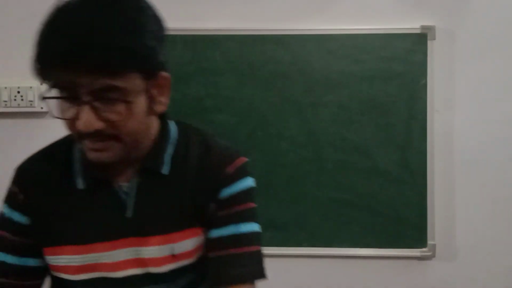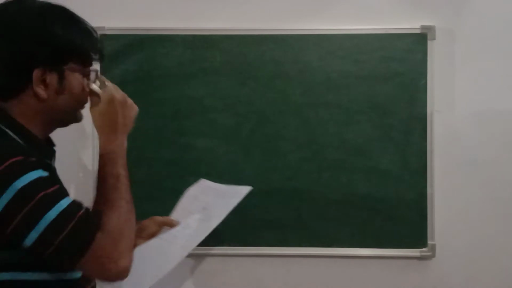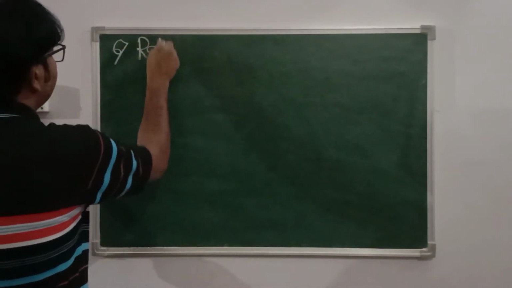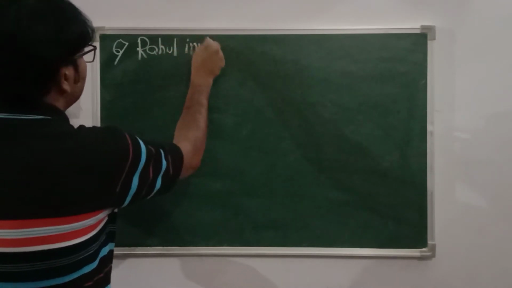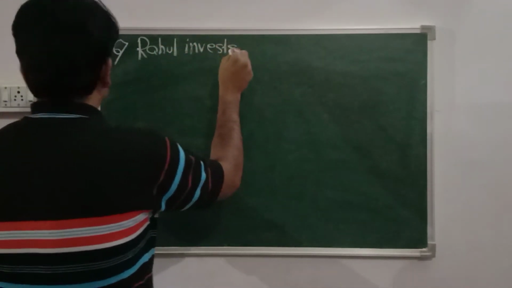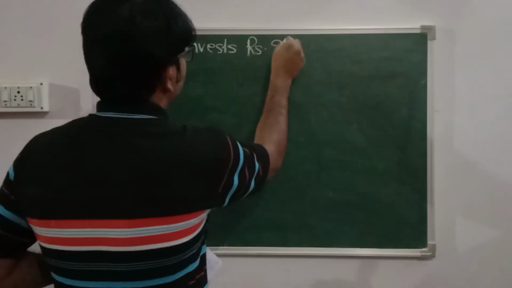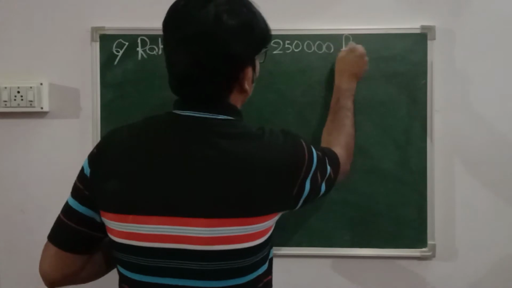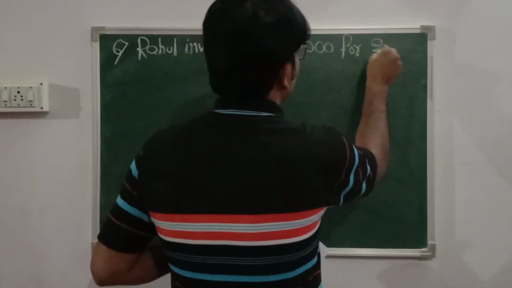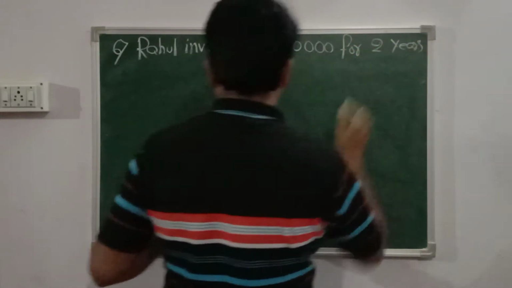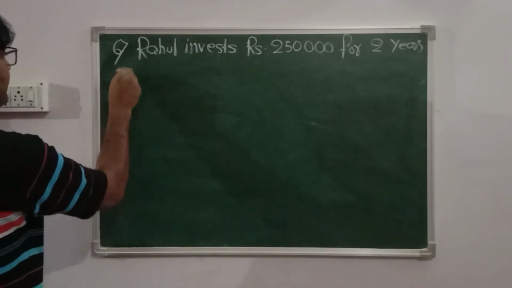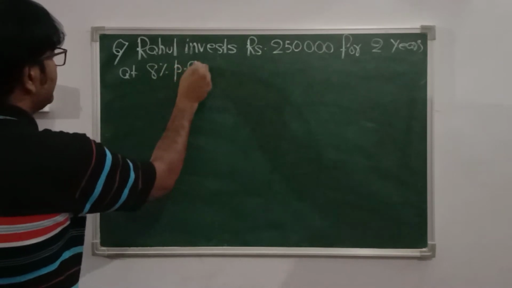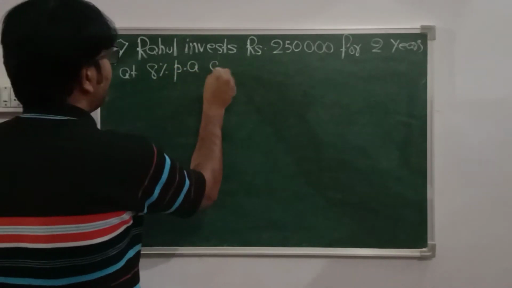Now let's move on to the next question, that is question number 6. Rahul invests rupees 2,50,000 for 2 years at 8% per annum compounded annually.